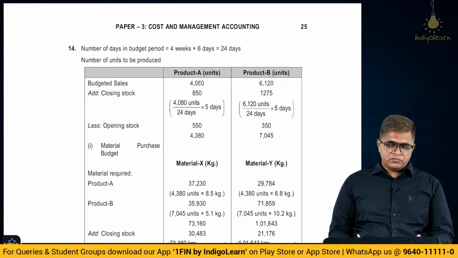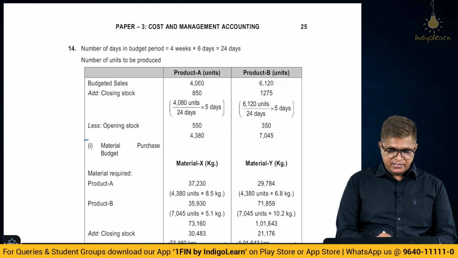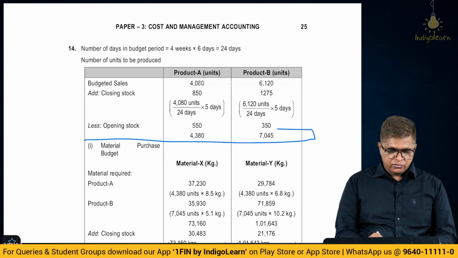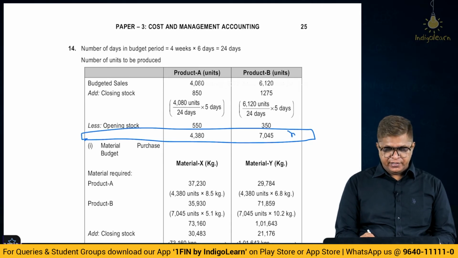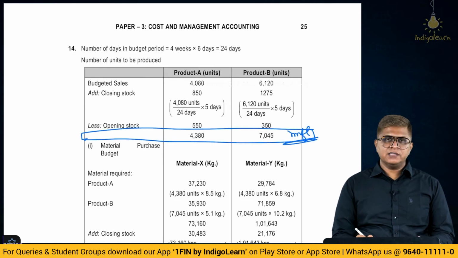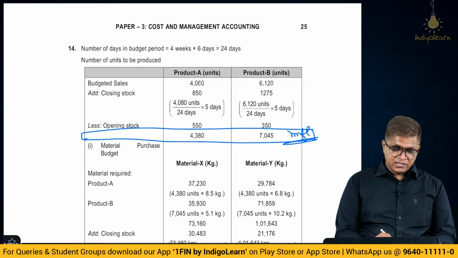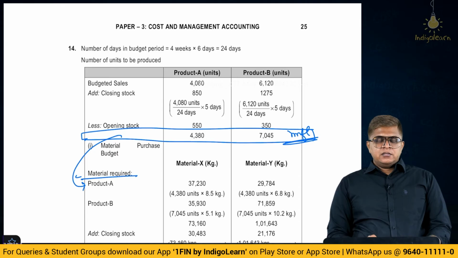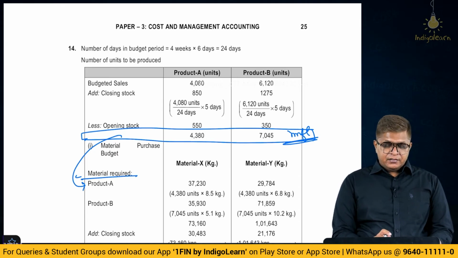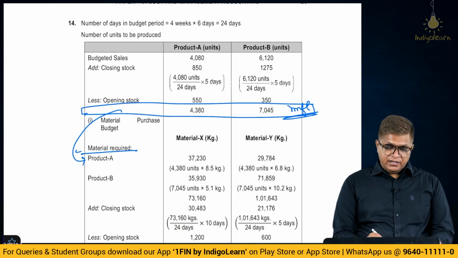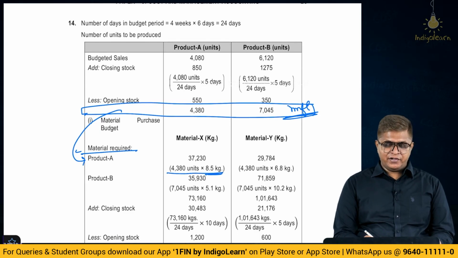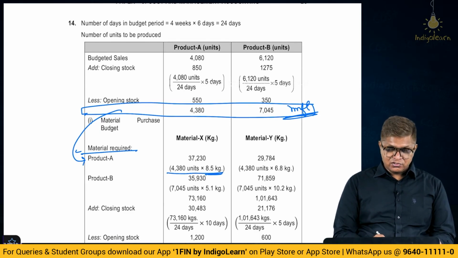So the first and foremost thing, as we discussed, is to understand how many units we need to manufacture. Once we know this, we will understand how much material is required. For product A, to manufacture, we require 8.5 kgs of X. So 4380 into 8.5. Likewise for product B we need 5.1 kgs for each unit.